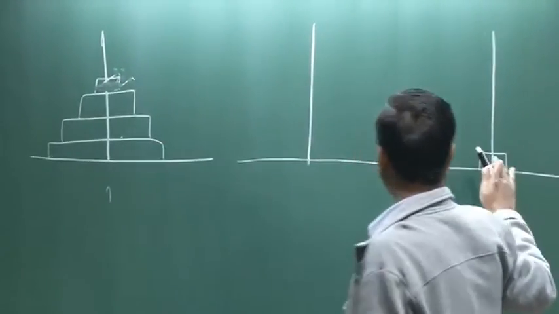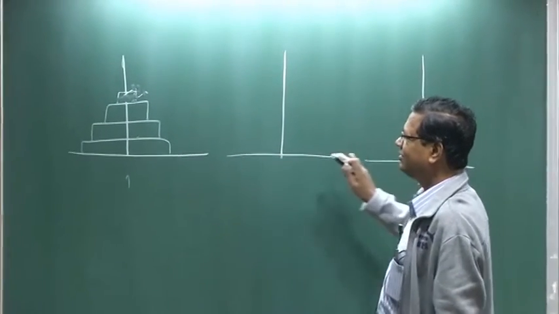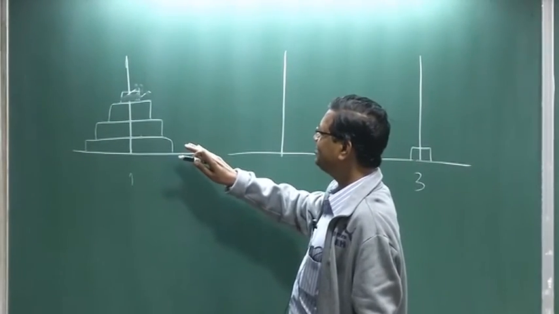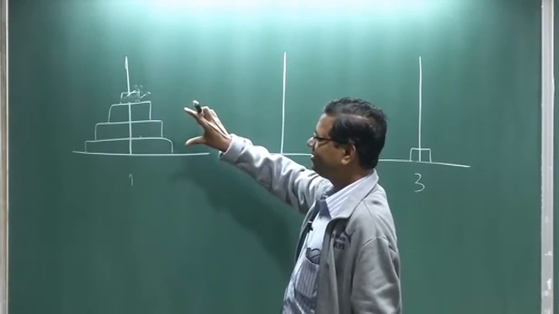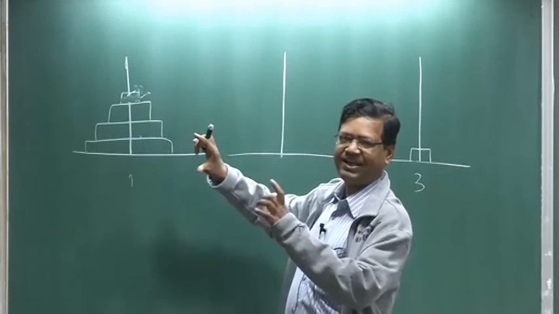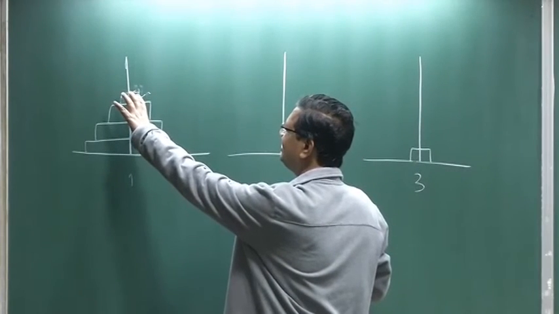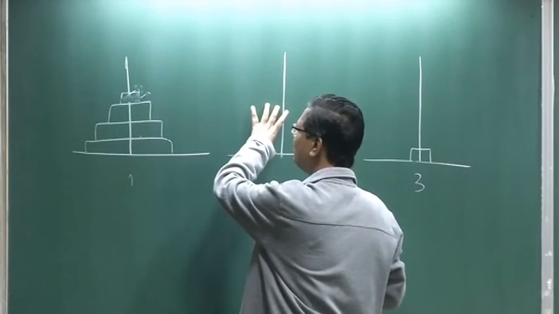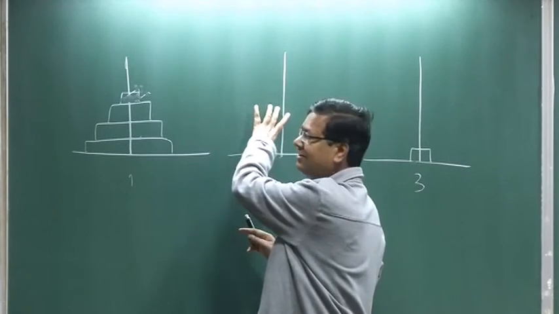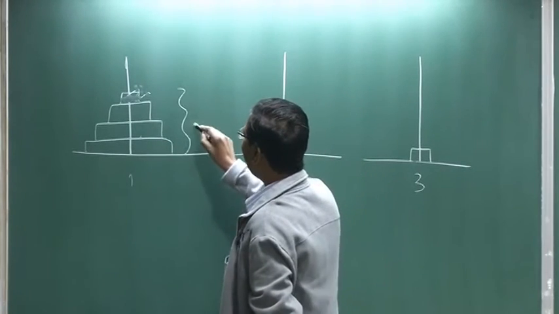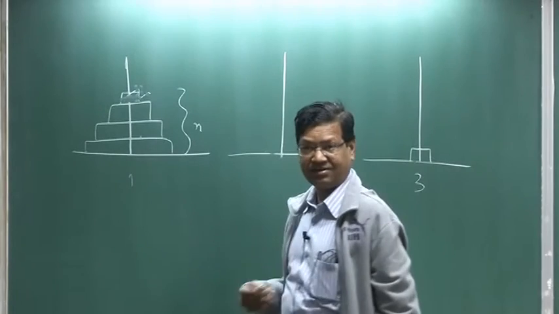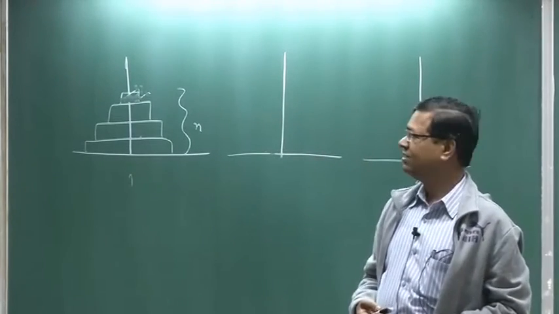basically I want to transfer everything here. So my objective is to write a function which will take n minus 1 disks. What I should do is, if I can push n minus 1 disks here, so this is n disks, always use n, it's general, don't say 3 or 4.